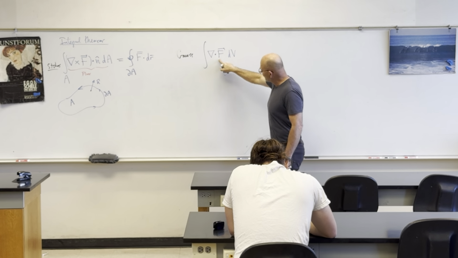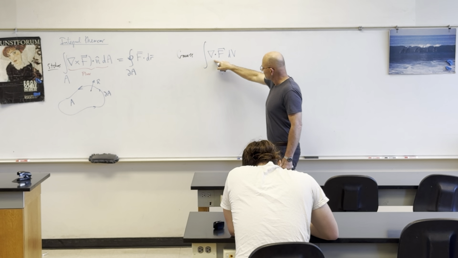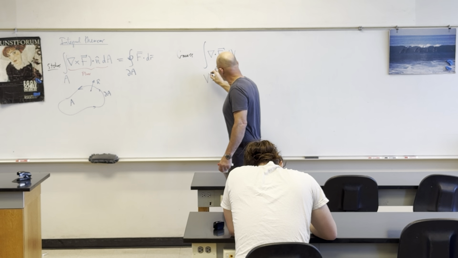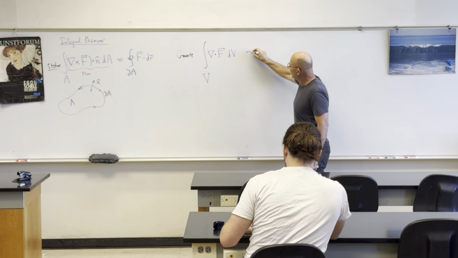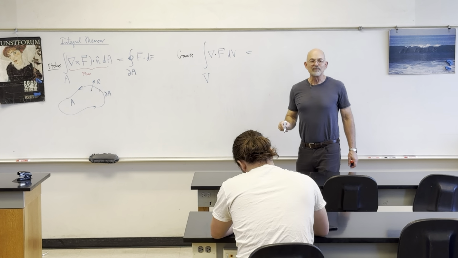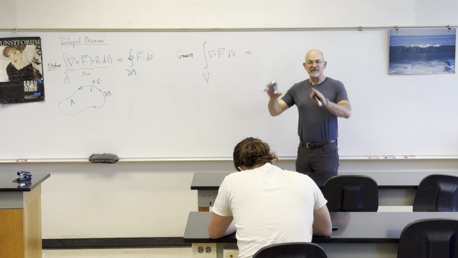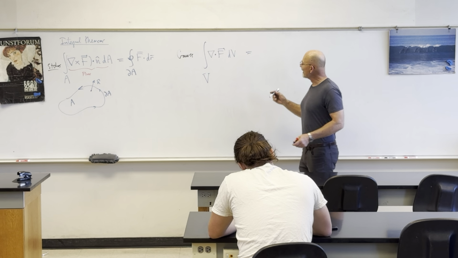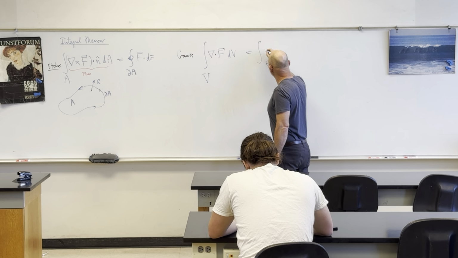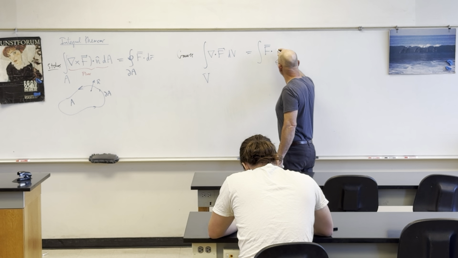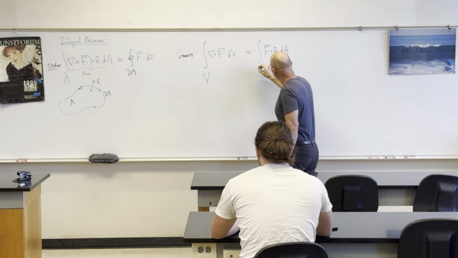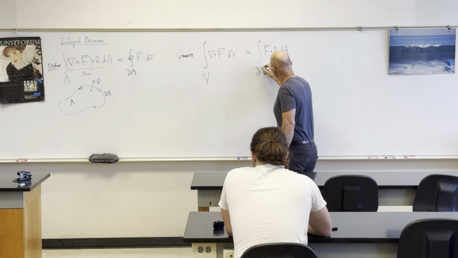So we take a vector, turn it into a scalar, integrate it over a volume. So that's the derivative. Therefore, the endpoints of that volume, or the boundary of the volume, is the surface that bounds it. So now we have the flux integral f dot n hat, the area over the boundary of that volume.